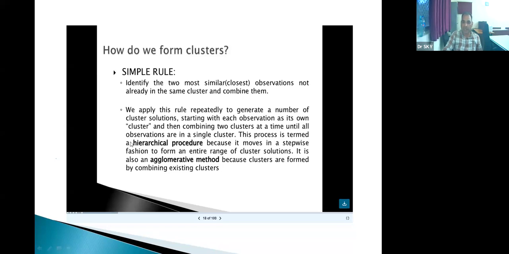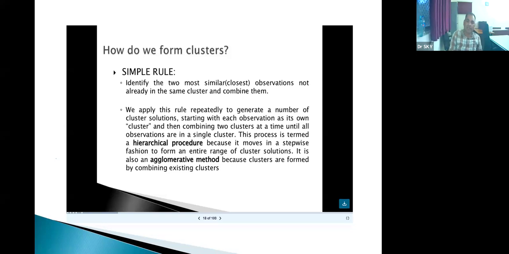This process is called a hierarchical procedure because it moves in a stepwise fashion to form an entire range of cluster solutions. It is also an agglomerative method because clusters are formed by combining existing clusters. In this hierarchical or agglomerative method, we go from many to one, while in the divisive method, we go from one to many.